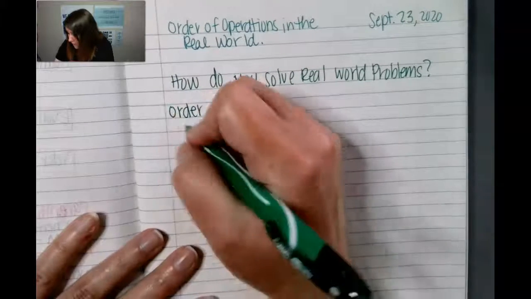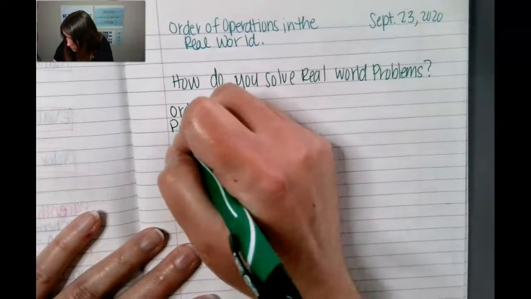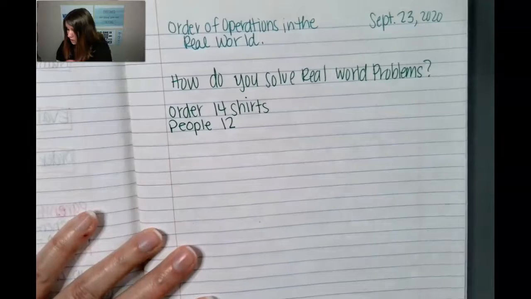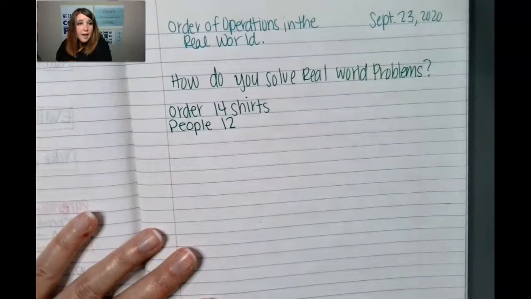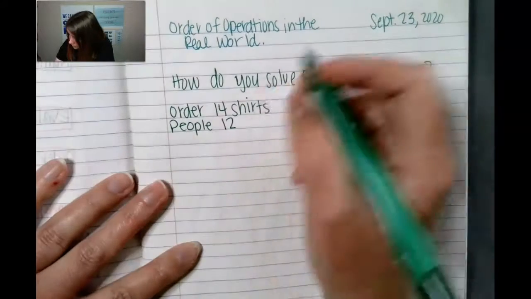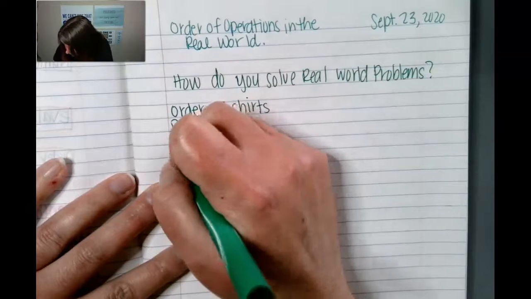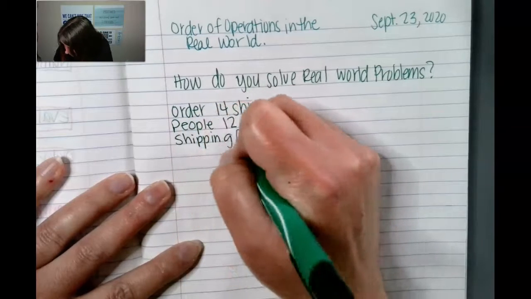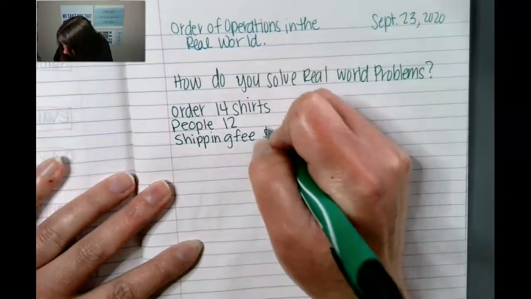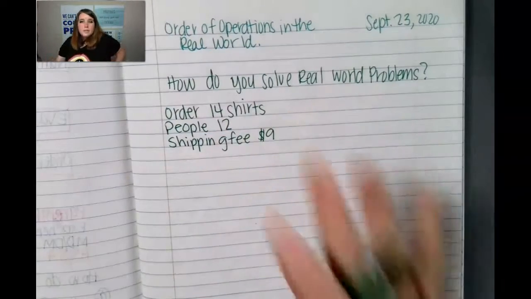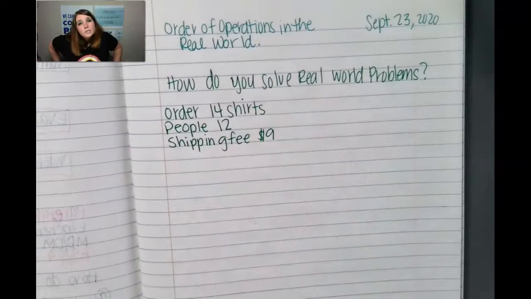There were 12 people. And then they also had a $9 shipping fee. So now we're going to put this all together into a story problem.